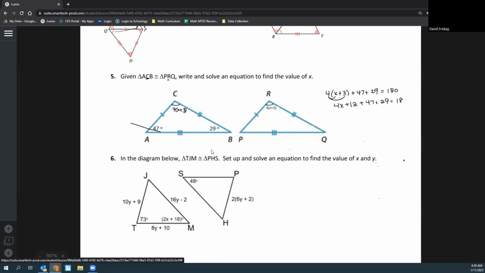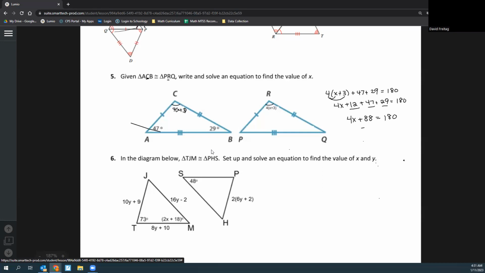Then I can combine like terms. 12, 47, 29 are all like terms. And that gives me 4x plus 88 is equal to 180.